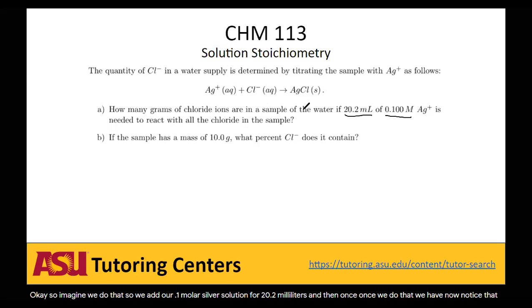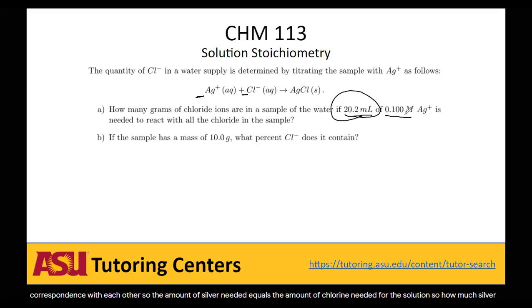So we can use this information to determine how much chlorine was in our initial solution. Based on these coefficients, the silver and the chlorine are in 1-to-1 correspondence with each other. So the amount of silver needed equals the amount of chlorine needed for the solution. So how much silver did we use for this reaction to be completely done?